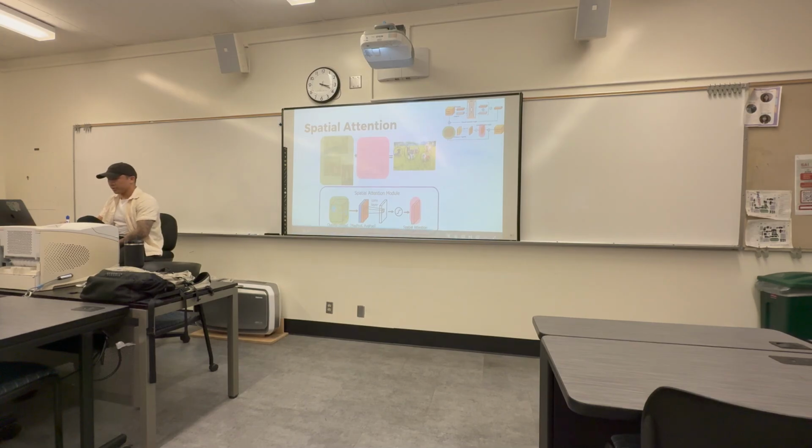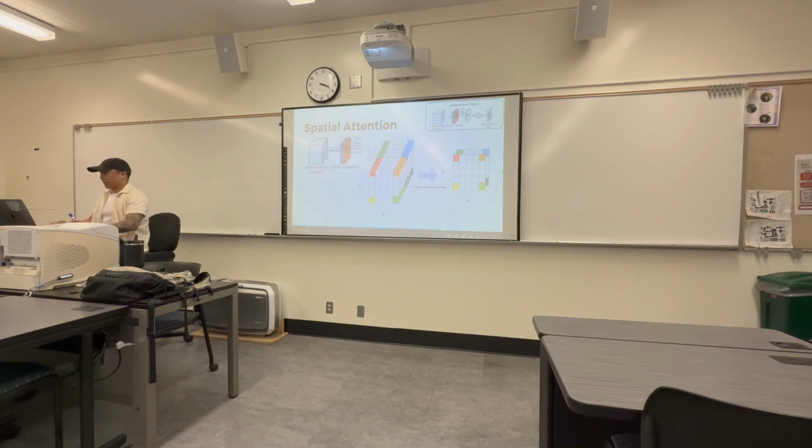We have our input, C by H by W. We want to get a single matrix that's H by W. I'll be talking about what's happening in between. Okay, first layer, right here. We are doing what's called an inter-spatial feature aggregation. This image is kind of deceiving.